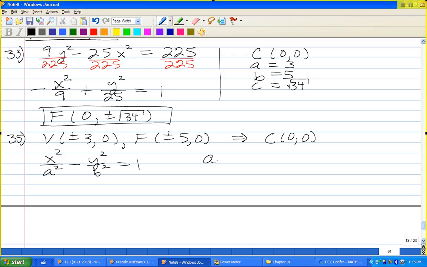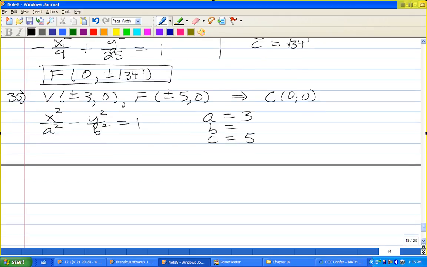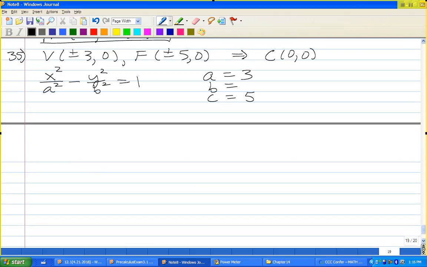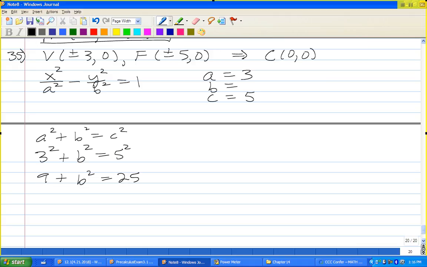So let's figure out what this is. So they've given us A. A is 3. We don't know B, but I know that C is 5. Since a squared plus b squared equals c squared, then I have that 3 squared plus b squared is 5 squared. So 9 plus b squared is 25.